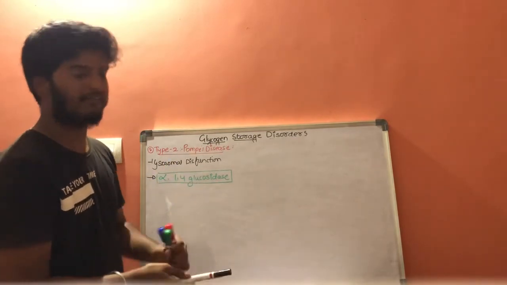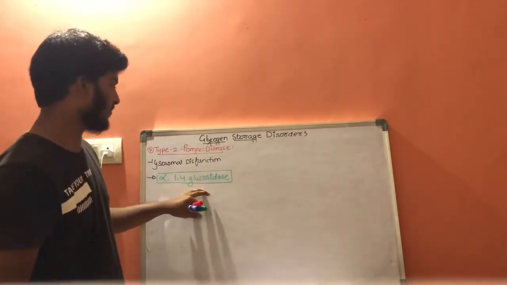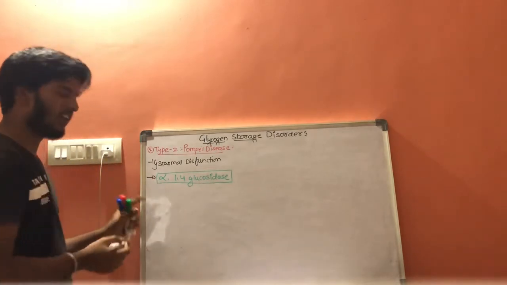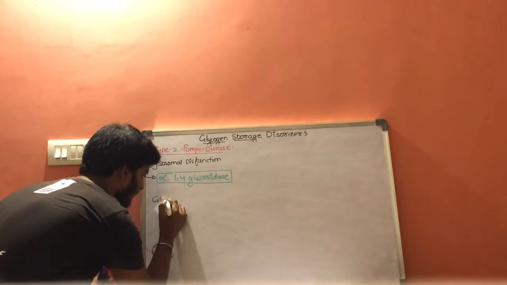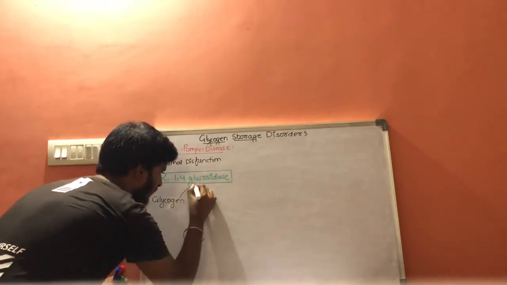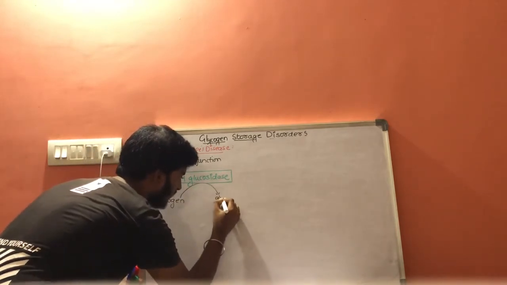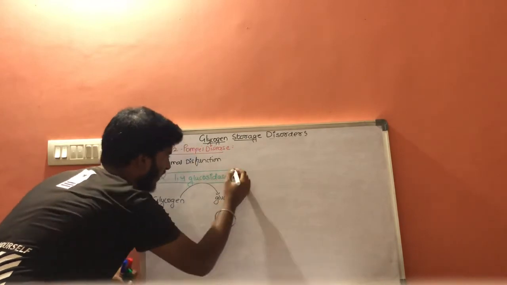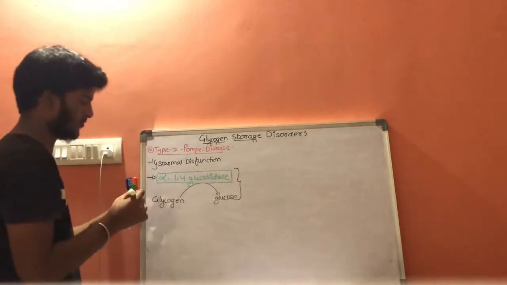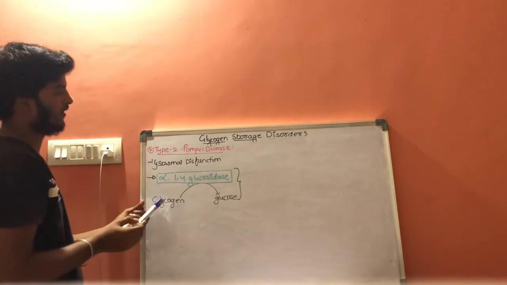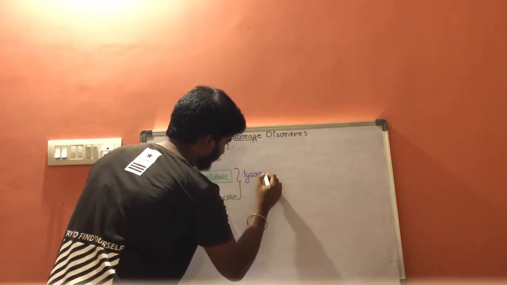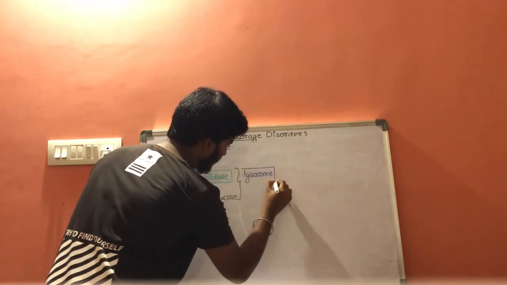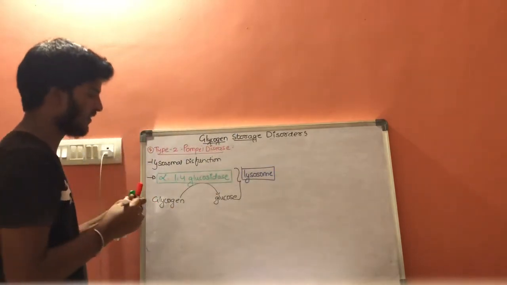The main function of this alpha-1,4 glucosidase is that, in the lysosome, it converts glycogen into glucose. It is specific to only lysosomes.